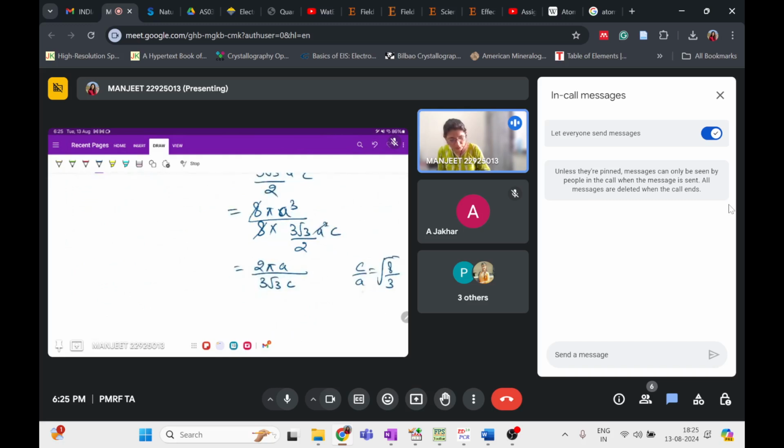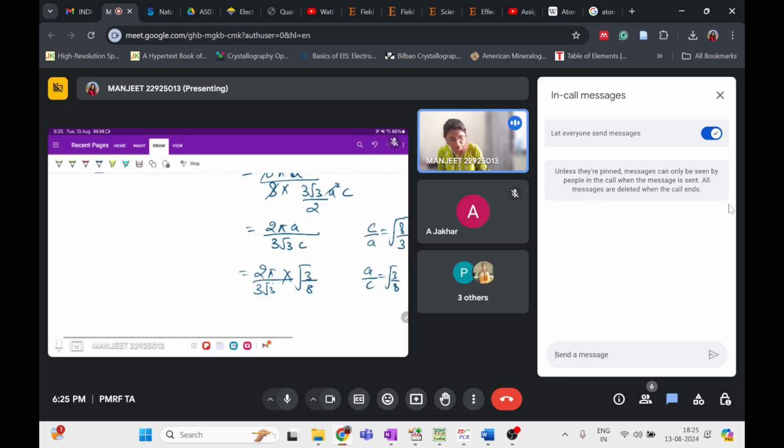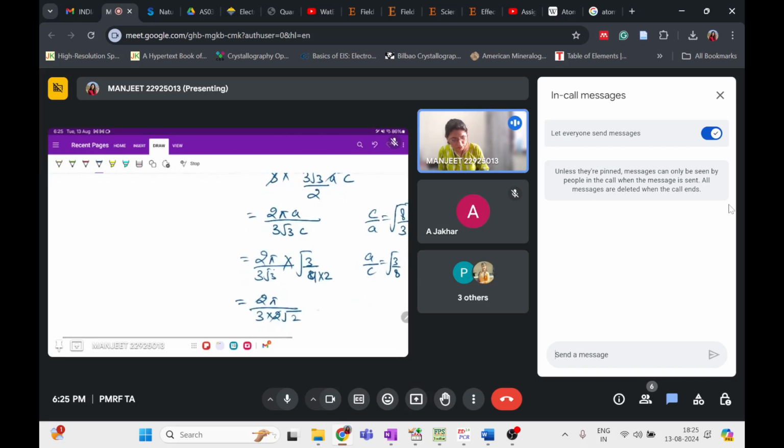If I put the value, then a by c will be root 3 by 8. So this becomes 2 pi by 3 root 3 multiplied by root 3 by 8. So root 3 will cancel out, and we will remain with root 8. Root 8 I can write as 2 into root 2. So this will become 2 pi by 3 into 2 into root 2. Okay, so 2 and 2 will cancel out and it will become pi by 3 root 2.